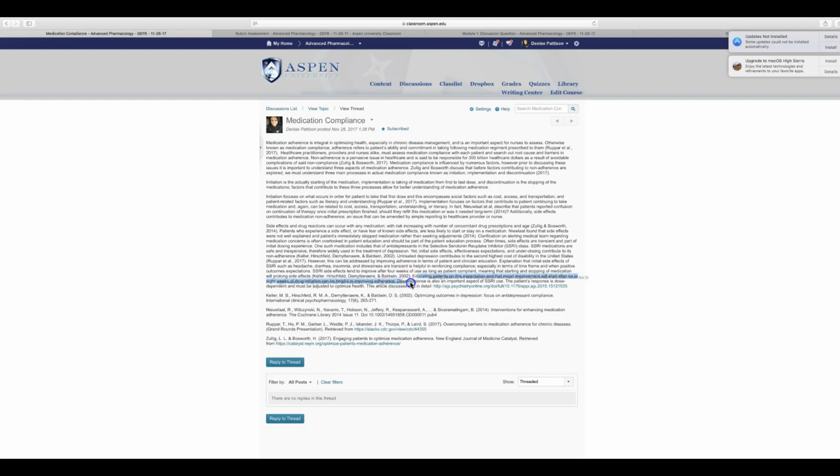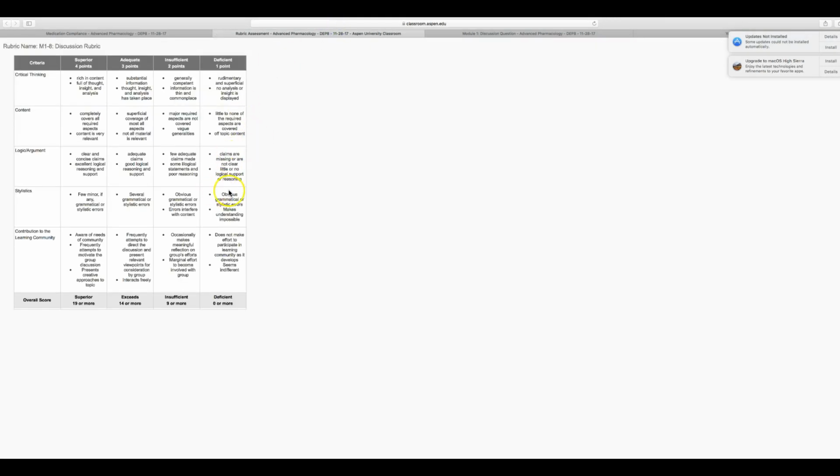And then talking about how dose response is important and referring to the website or to the prompt asked for an article on it. One thing I could have added here was more on why we stop, why people discontinue, and the outcomes of that and more information. So I would take off points on that.